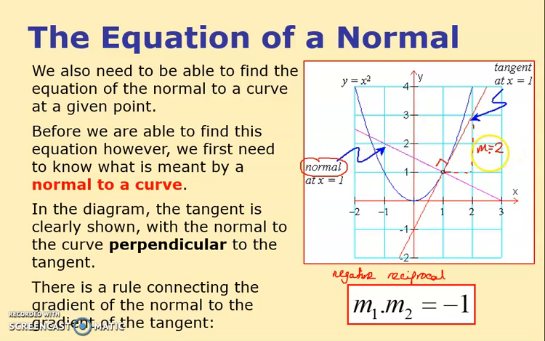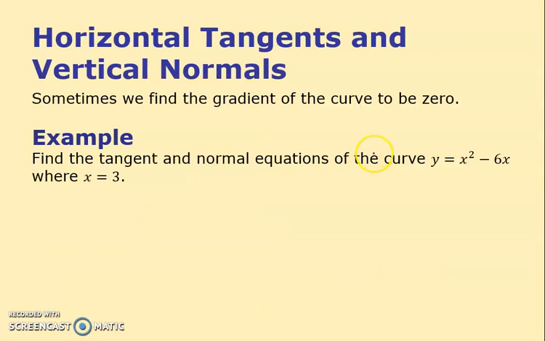Now if I write that as m1 equals 2, because I'm going to now flip it upside down, so m2 equals, I've got to make it a minus as well, minus a half. So this line has got a gradient of minus a half. Just be aware of the relationship between these two things. We will come to questions no doubt like that in a bit.